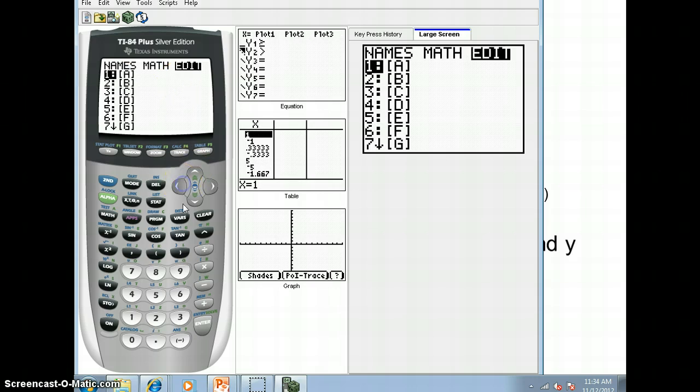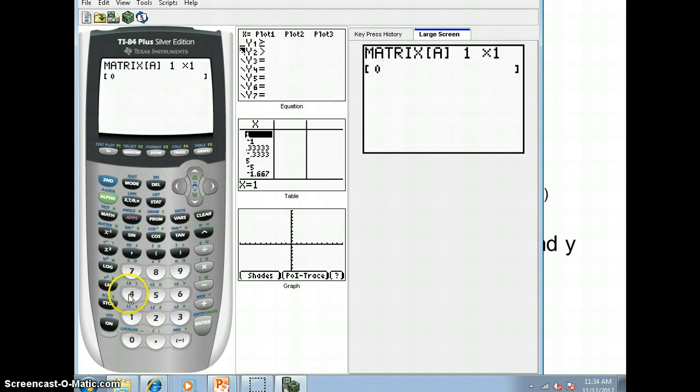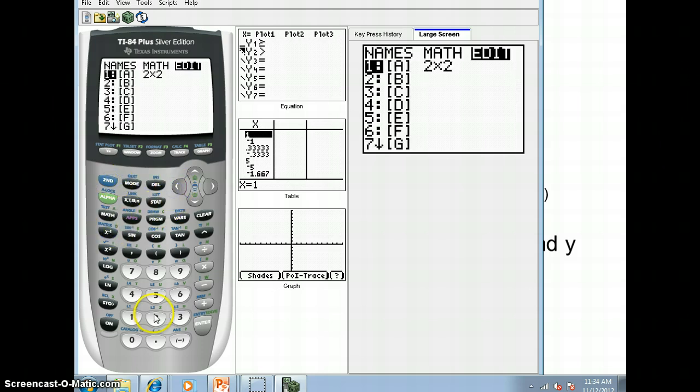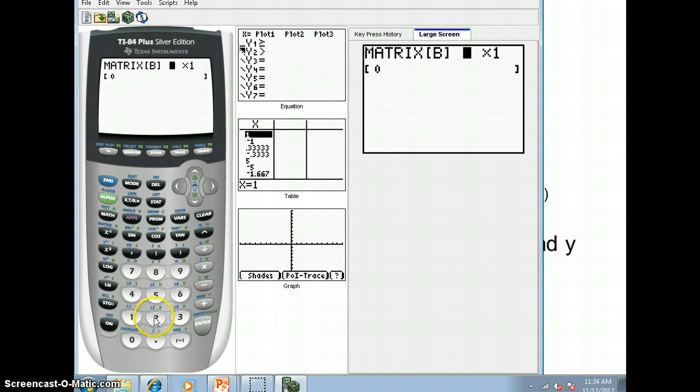So I go over to Edit. I'm going to enter matrix A, which is a 2 by 2 matrix. So 2 by 2, and I enter my numbers. My numbers are 1, 2, 3, and 5. Okay, then I'm done with that matrix, and I'm going to enter my second matrix as matrix B, and this one happens to be a 2 by 1, and those numbers would be 5 and 14.